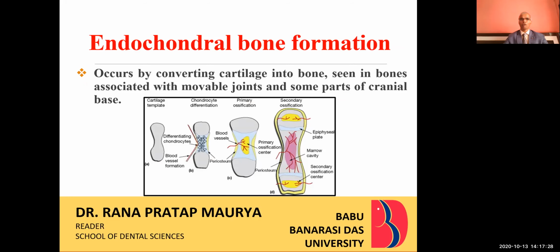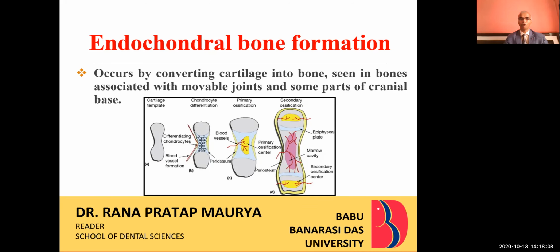In endochondral bone formation, cartilage is converted into bone, meaning it requires templates of cartilage for the formation of bone. This type of bone formation is seen in bones associated with mobile joints and some parts of the cranial base, like the basal part of the occipital bone, the petrous part of the temporal bone, and the ethmoid.